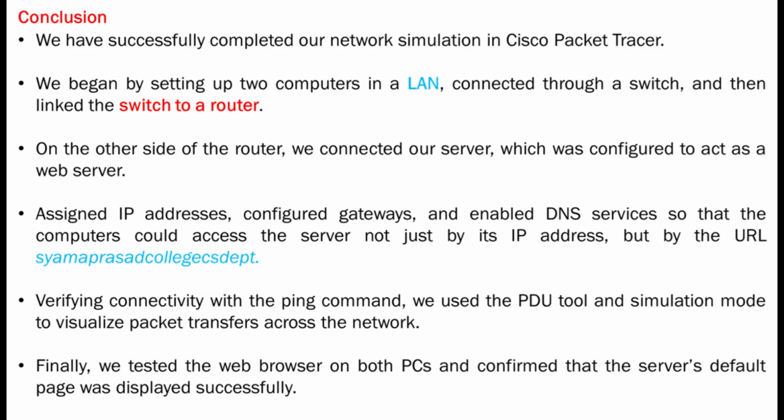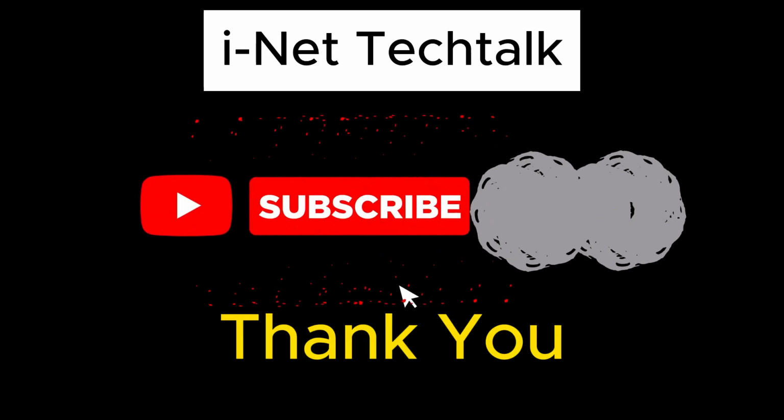This demonstration shows how a LAN can communicate with a server through a router, highlights the importance of IP addressing and DNS configuration, and validates the complete flow of data from client to server. With these steps, we have built and tested a fully functional client-server network model inside CISCO Packet Tracer.